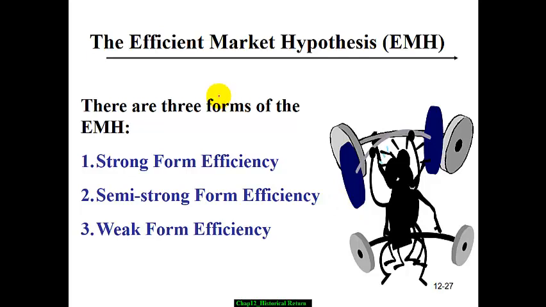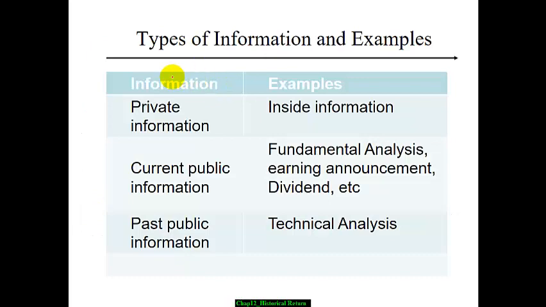Now I'm going to present to you the 3 famous efficient market hypotheses: the strong form efficiency, semi-strong form efficiency, and the weak form efficiency. They are theories, and you wait for the researchers to prove whether this is true. There's a ton of empirical evidence, but they have not reached a consensus yet. Let me first talk about different types of information and their common examples.